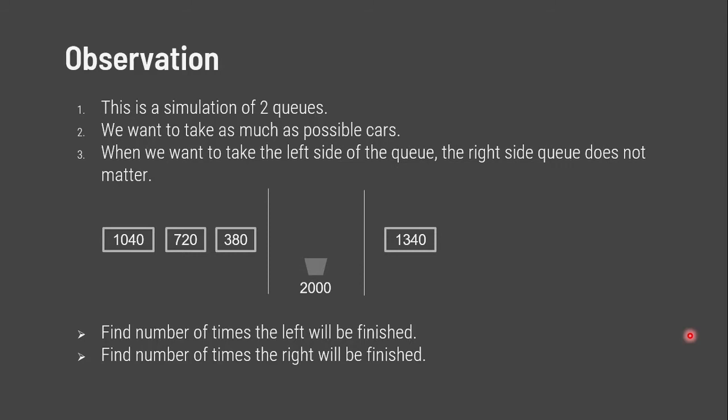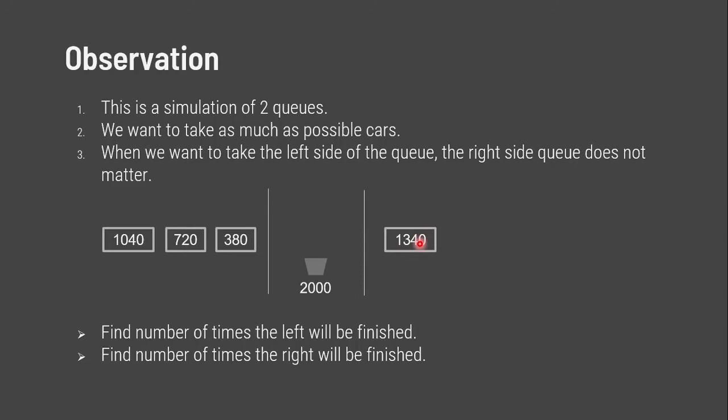So we can independently find the number of times the left will be finished and the number of times the right will be finished. In this case, the left side will finish 2 times. The first is taking 380 and 720, the second time taking 1040. And the right side will only be finished after 1 time, which is only taking 1340.